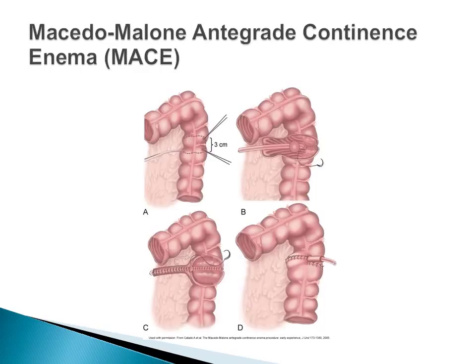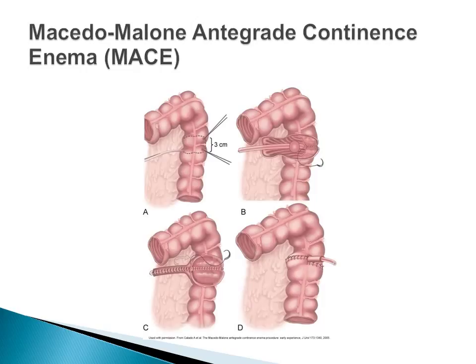And this one here is called a MACE, which stands for Malone Antegrade Continence Enema. This is showing you the 4 different types of surgical procedures that can be done.